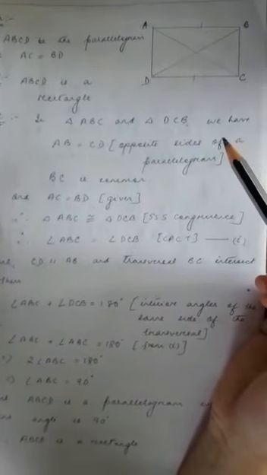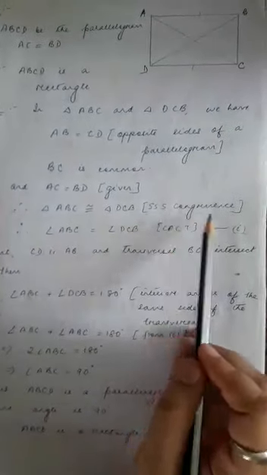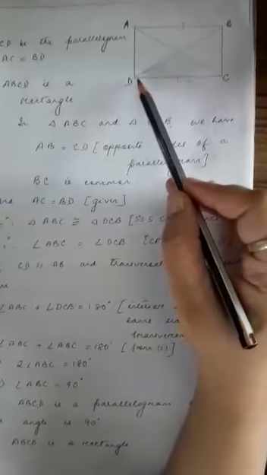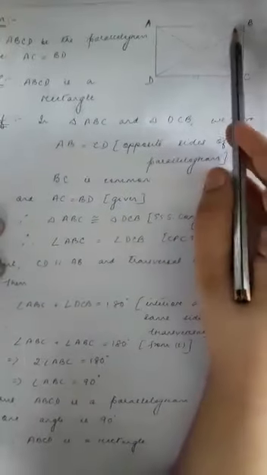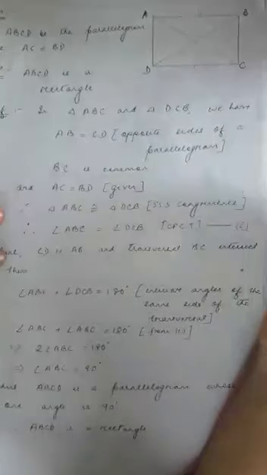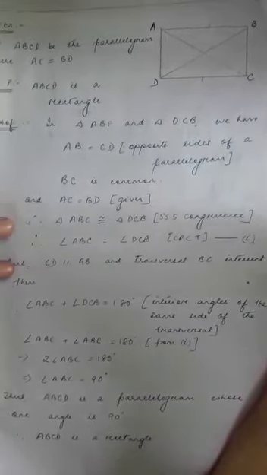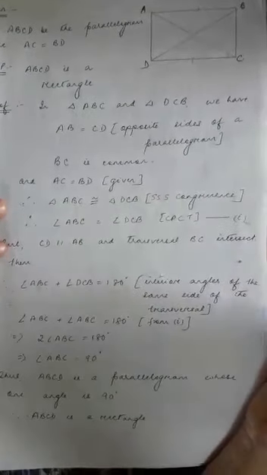So from this criteria, we can say that triangle ABC is congruent to triangle DCB. This is through SSS congruency. If these two triangles are congruent, then angle ABC is equal to angle DCB, by corresponding parts of congruent triangles, CPCT. We keep this as equation number 1.